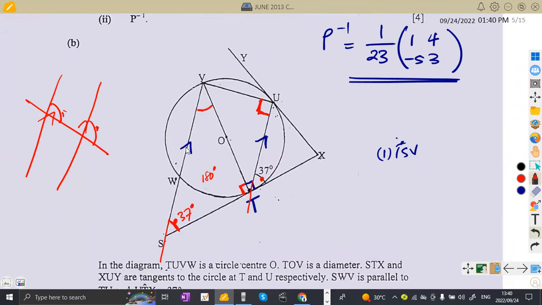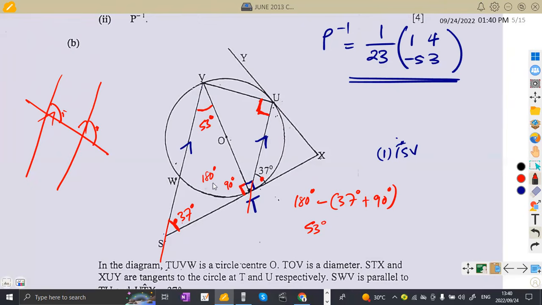So to find this angle SVT, we are just going to simply subtract all the given angles from 180, which is 37 plus 90 degrees. This is a right angle, meaning 90 degrees. And this can give us something like 53 degrees. Okay, so this is 53.